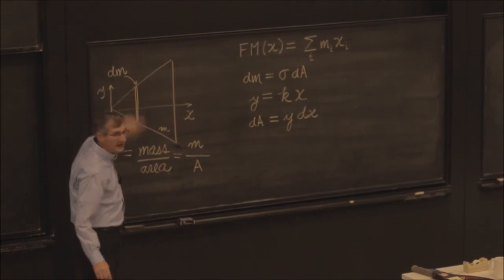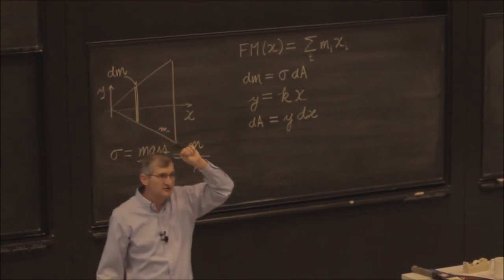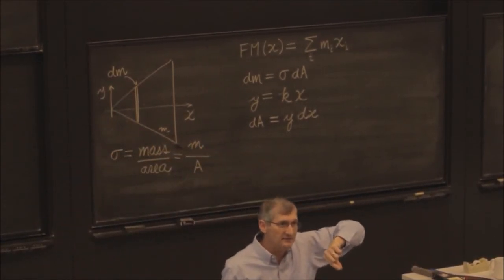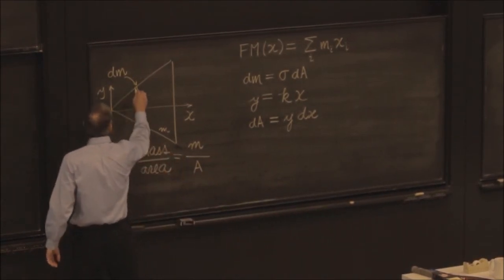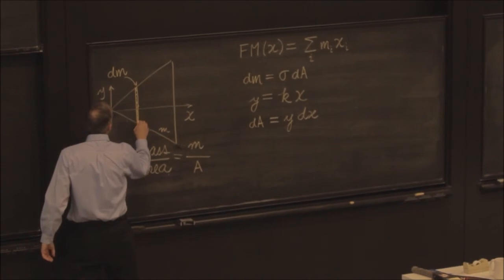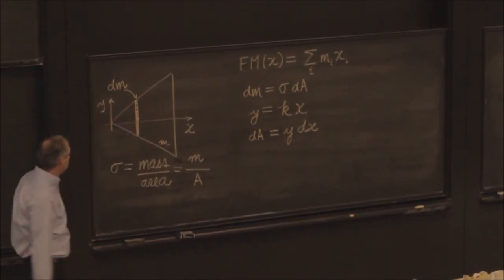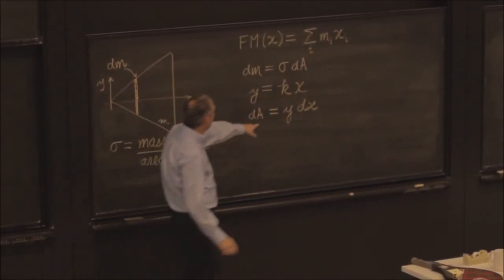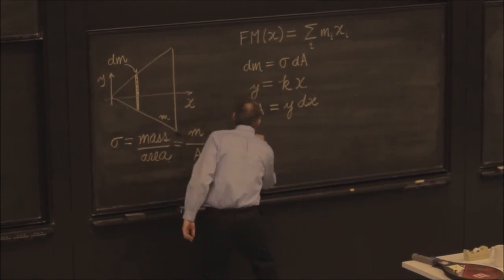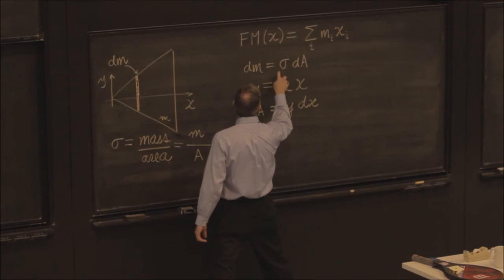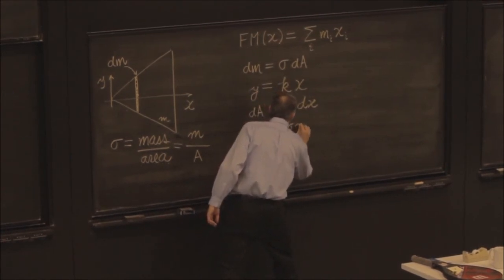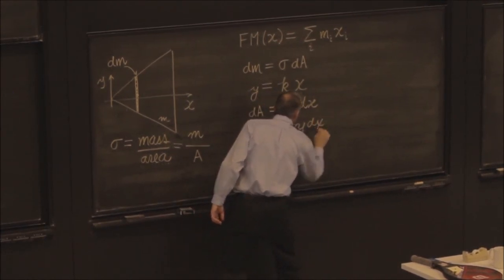We don't worry about the little infinitesimal triangle at the top and at the bottom because the sides are sloped. So the area of this strip is y dx, and therefore the mass in the strip is equal to sigma y dx.